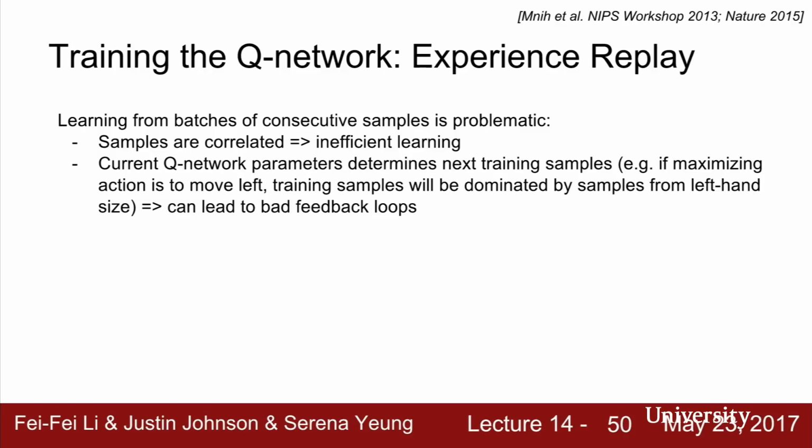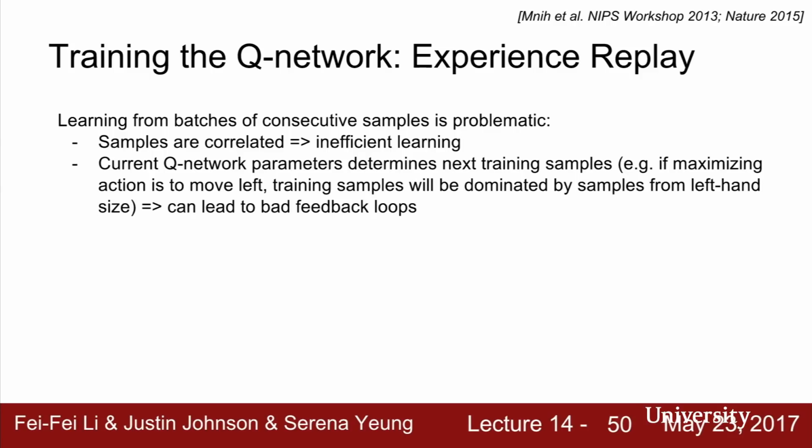And so this leads to inefficient learning, first of all. And also, our current Q network parameters determine the policy that we're going to follow. It determines our next samples that we're going to use for training. And so this leads to problems where you can have bad feedback loops.